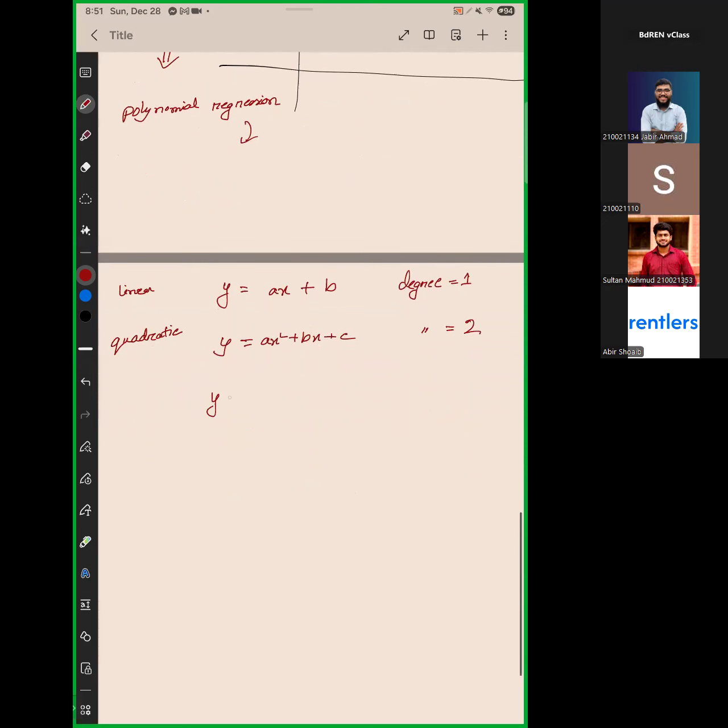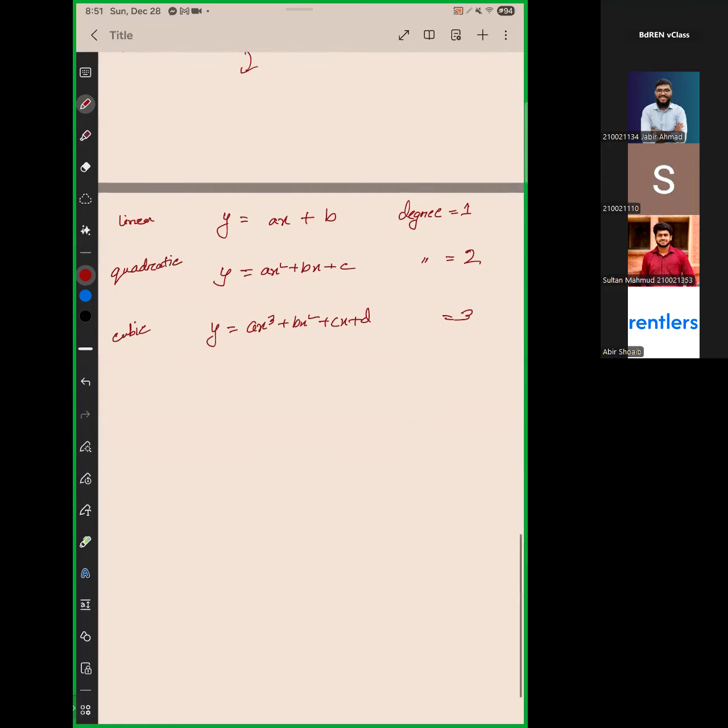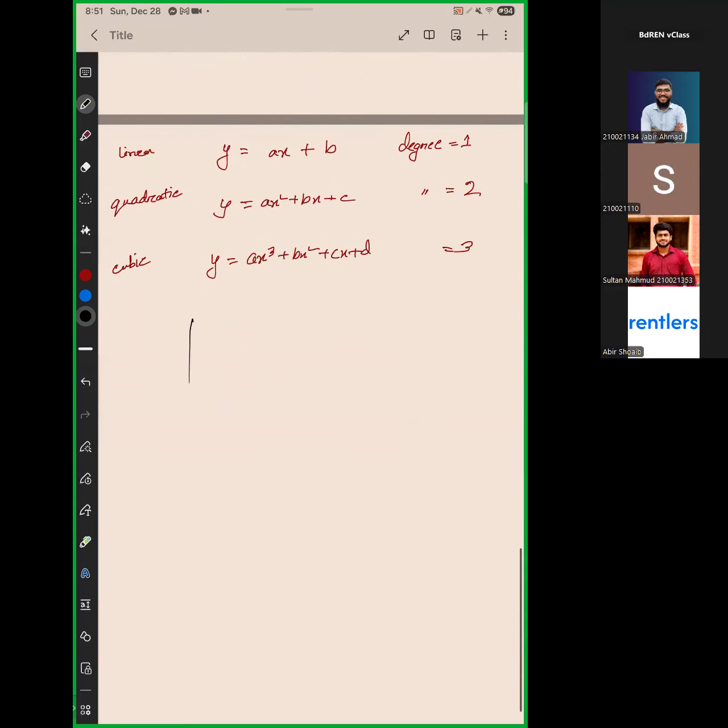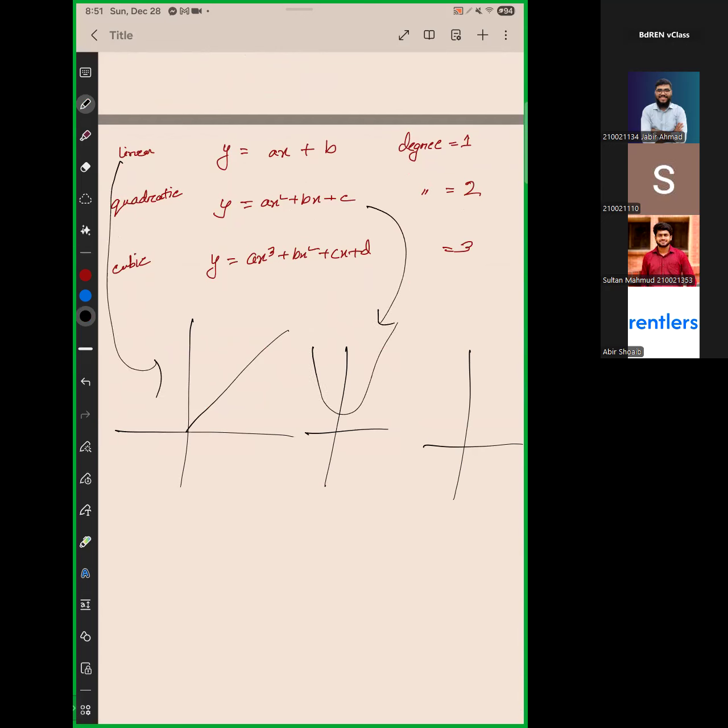If we have y equals ax cube plus bx square plus cx plus d, ডিগ্রি হচ্ছে 3, এটাকে বলা হয় cubic, right? Now the graphs for all three are very different. For y equals mx plus c, we have a graph like this, linear. For quadratic, the graph will be something like this. For cubic, the graph will be something like this.